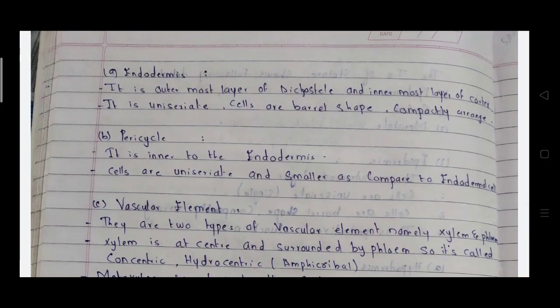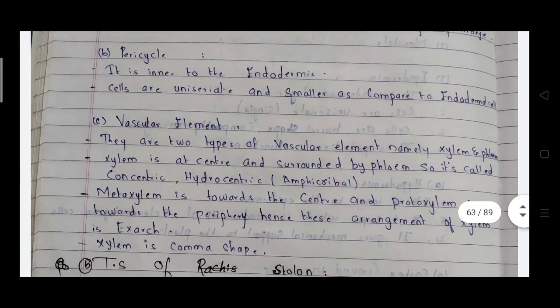The endodermis is also uniseriate, the outer layer of the dictyostele, made by barrel shaped cells that are compactly arranged. The pericycle is also uniseriate and its cells are comparatively smaller than the endodermal cells.